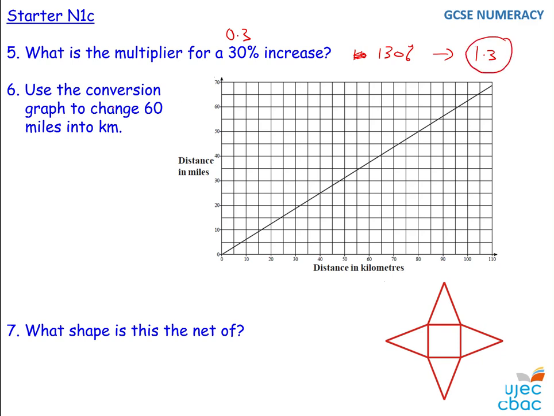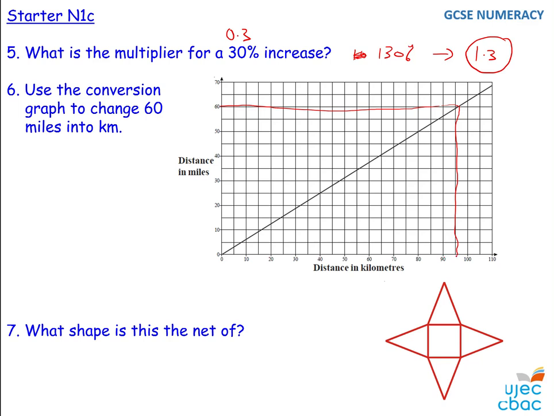Next, use the conversion graph to change 60 miles into kilometers. So we're looking for 60 miles. That's miles on the y-axis. So if we take that across, we have to draw a line across. Oops. So we draw a line across until it meets the line, then we drop it down. And it's just to the side there.